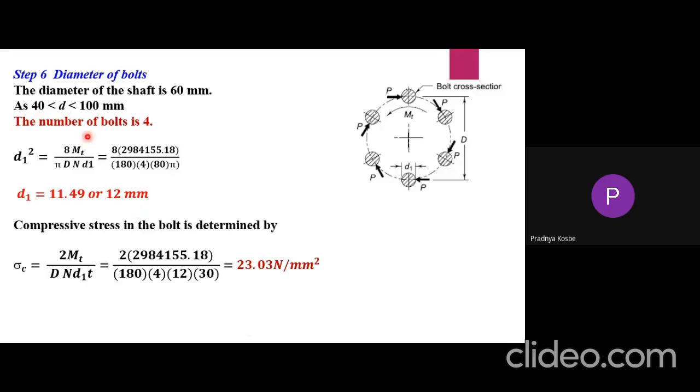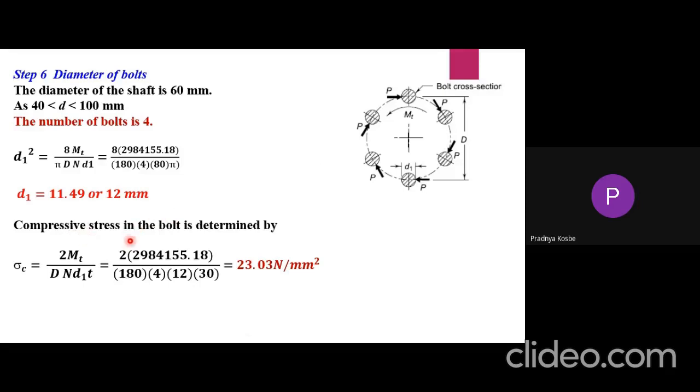After putting all these values, we get d1 is equal to 11.41, and we will round this up. That is 12 mm as the diameter of the bolt.